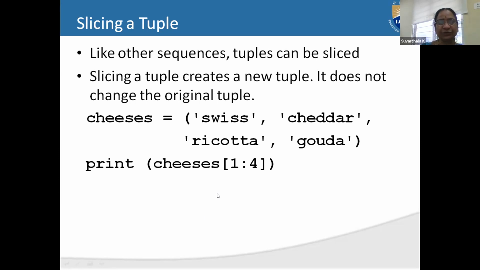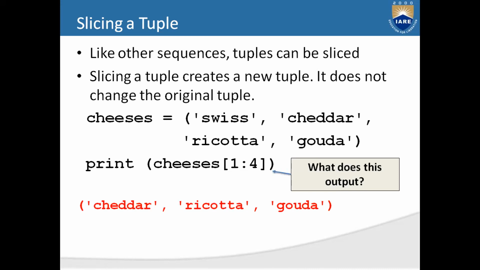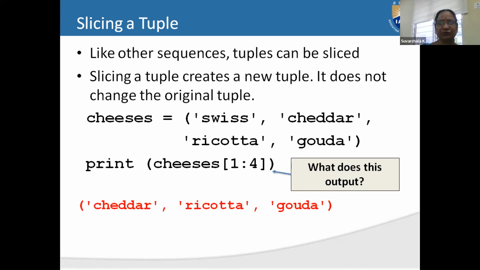Slicing is used to print only some items of our list, from a starting index value to an ending index value. There are various ways you can slice to print, or you can assign the slice to some other list also. No problem, right?